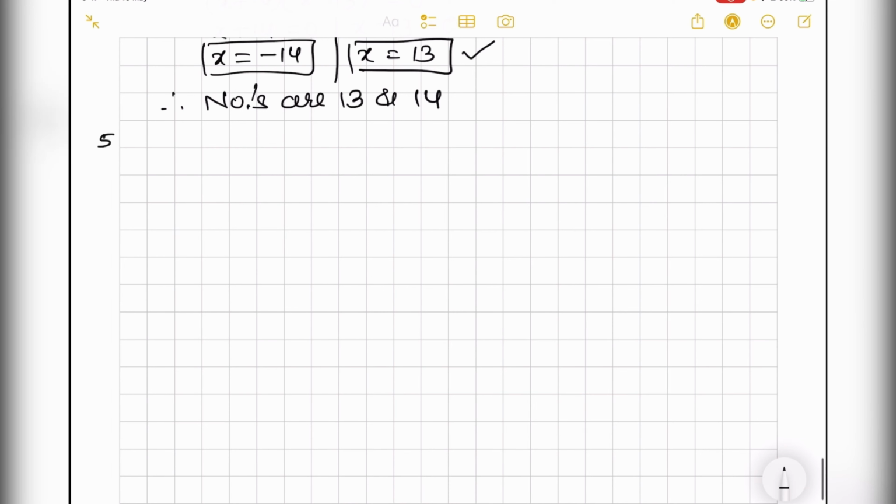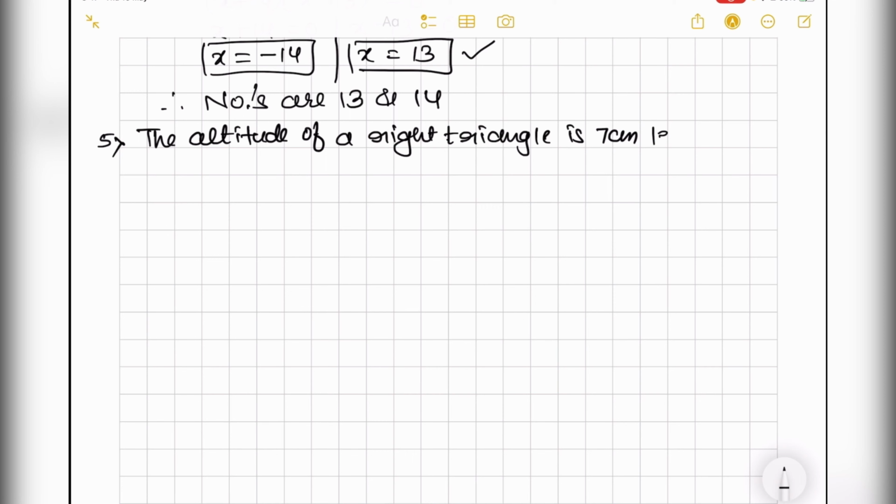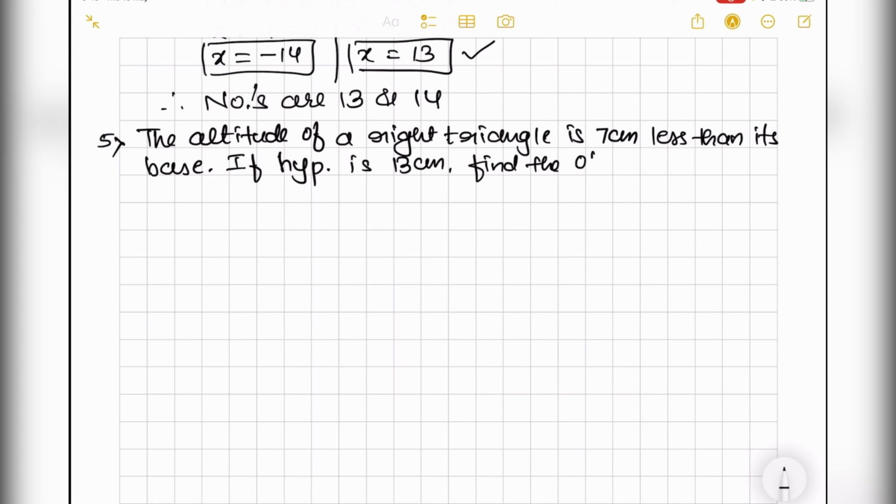Now coming to the fifth one, he says the altitude of a right triangle is 7 centimeter less than its base. If the hypotenuse is 13 centimeter, find the other two sides.